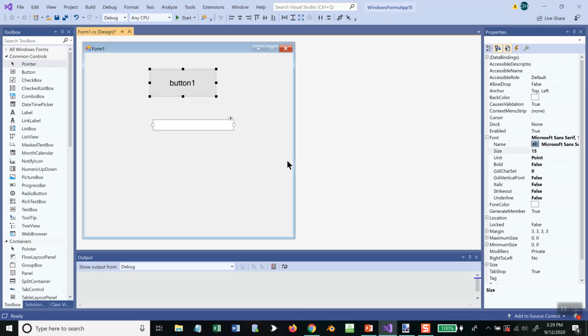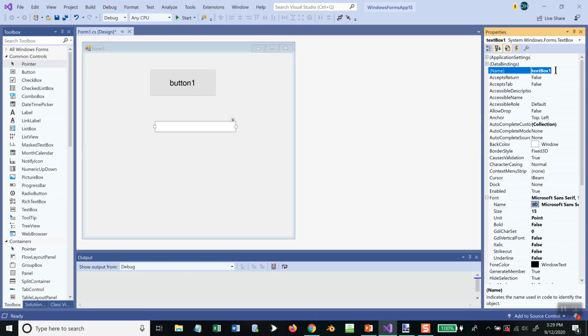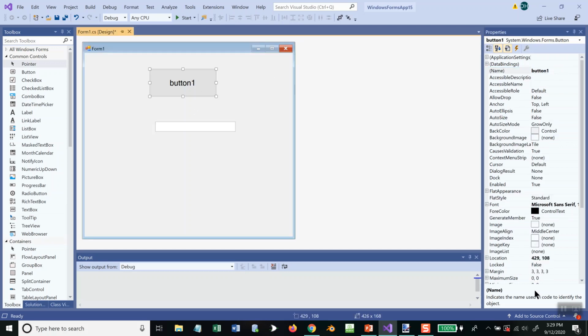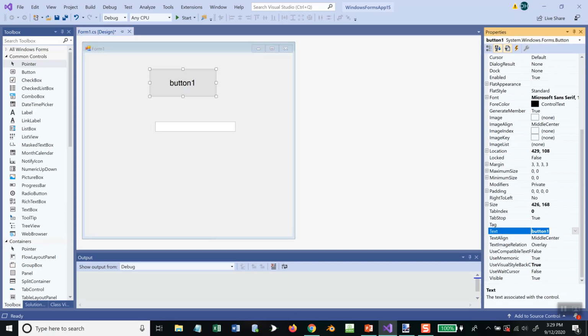And give this one a name, TB answer. Something I could spell. And have that say something different, like calculate. There we go.